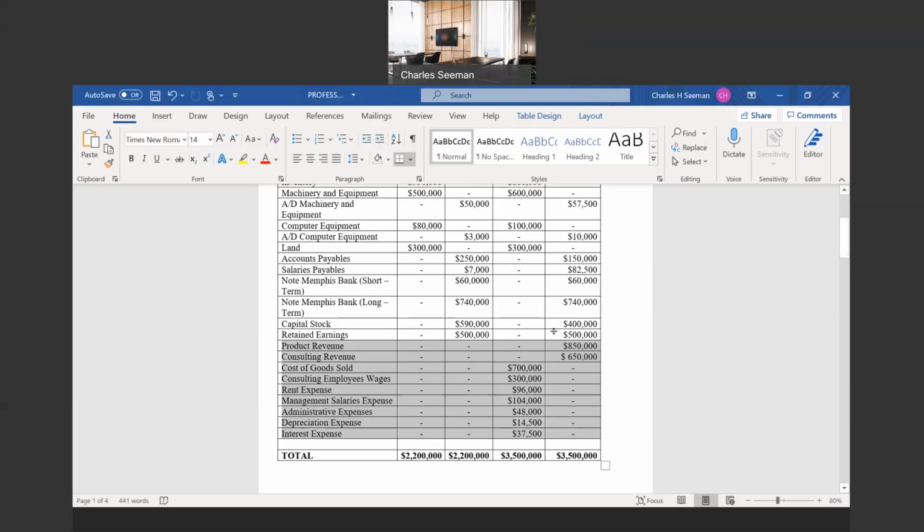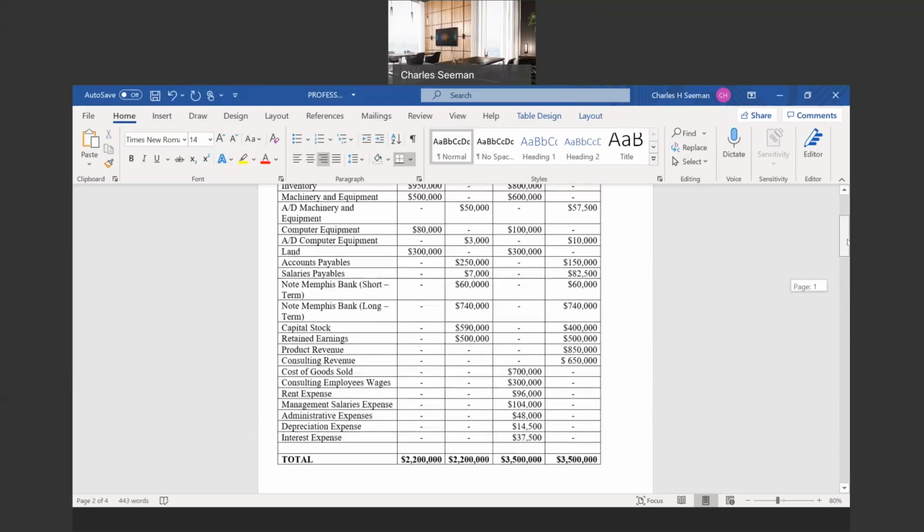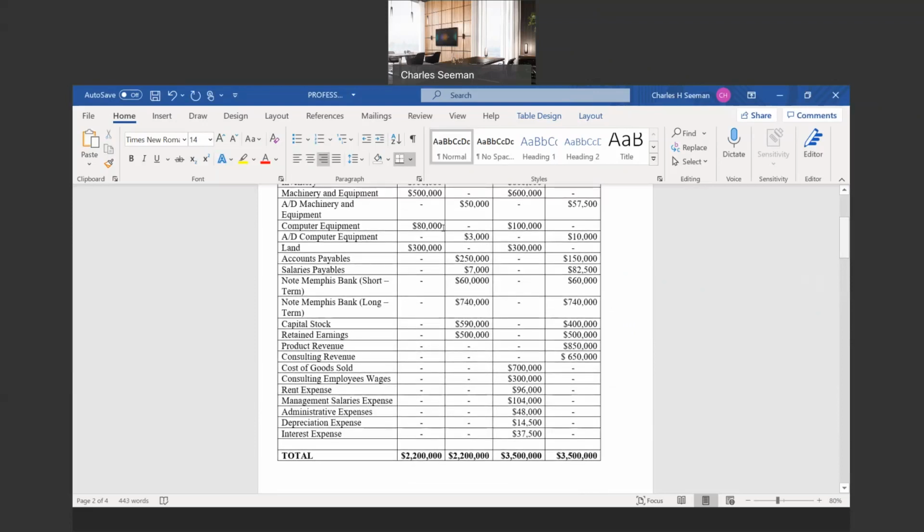We also said that when you have product revenue, you also have to show the related cost of goods sold. So we're going to do it this way. And we're going to use this number.